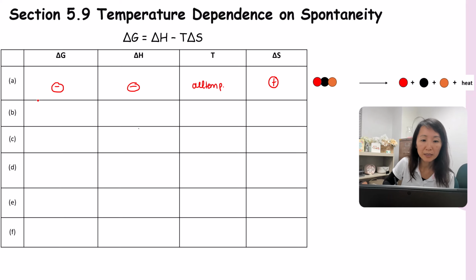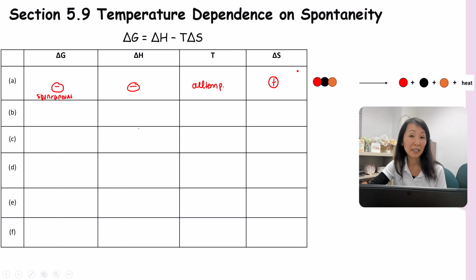What does this mean? This means that this is always going to be a spontaneous process. And that makes sense. Where heat is being released, you don't need to add any heat. Also, things are going into a disordered state. So at all temperatures, it's going to be spontaneous.